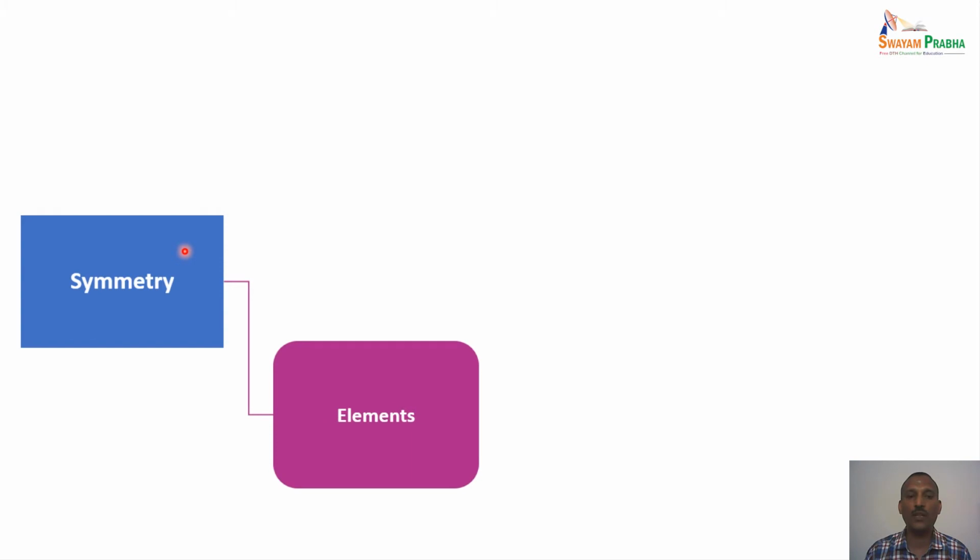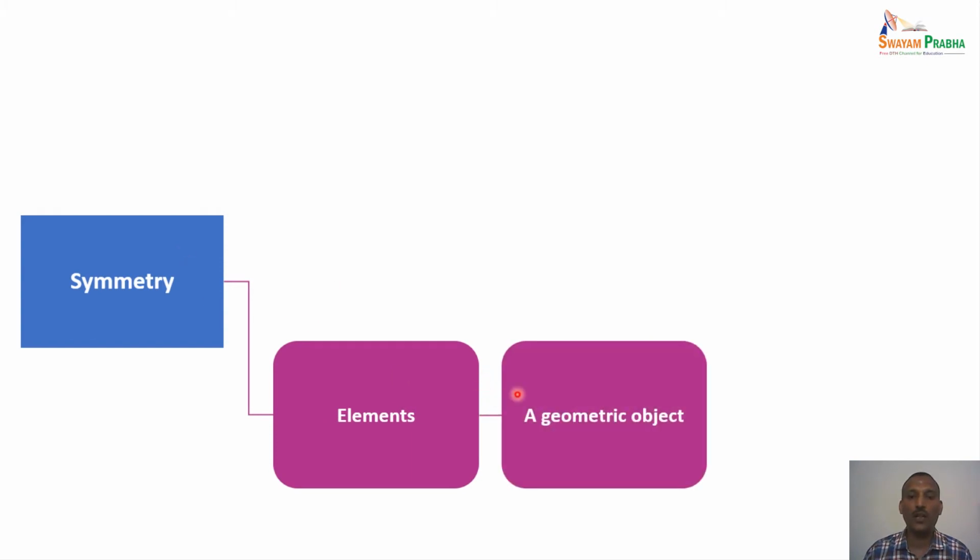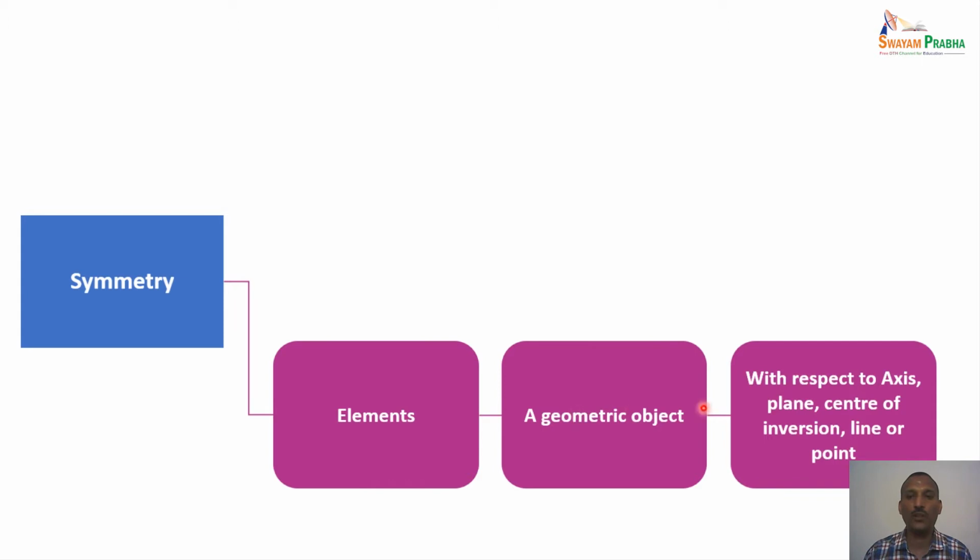So basically, what are the various symmetry elements we can study? An action is performed on a geometrical object, then it undergoes some change. The change can be viewed: whether we are getting exactly the same original object after the operation, that is, after some of the elements of symmetry are applied.